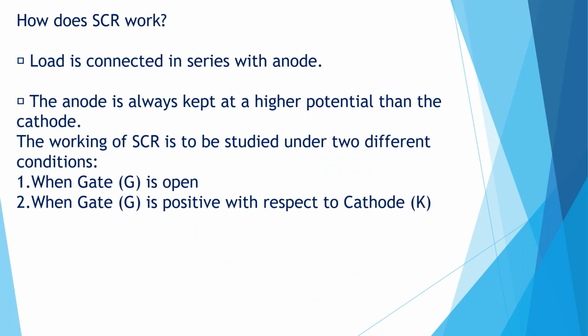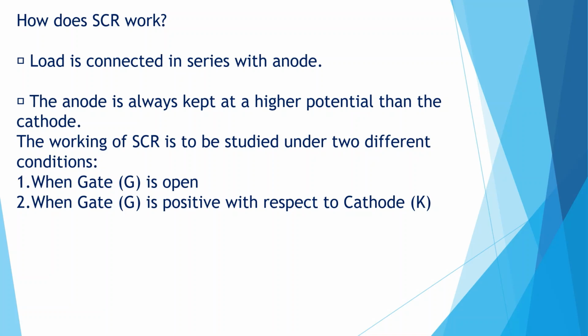The next is SCR operation, or we can say how we try to understand how an SCR works. Whenever an external load has to be connected, it has to be connected in series with the anode. The anode is always kept at a higher potential than the cathode. That means whenever an SCR is connected and a potential is applied between anode and cathode, the anode should be connected to positive and the cathode to negative.